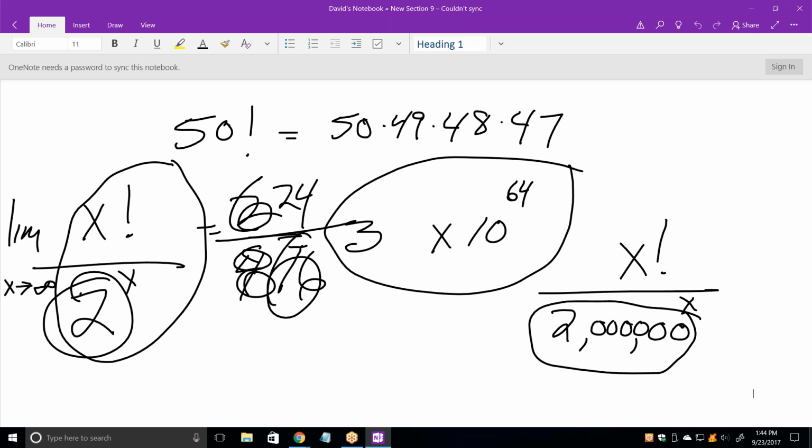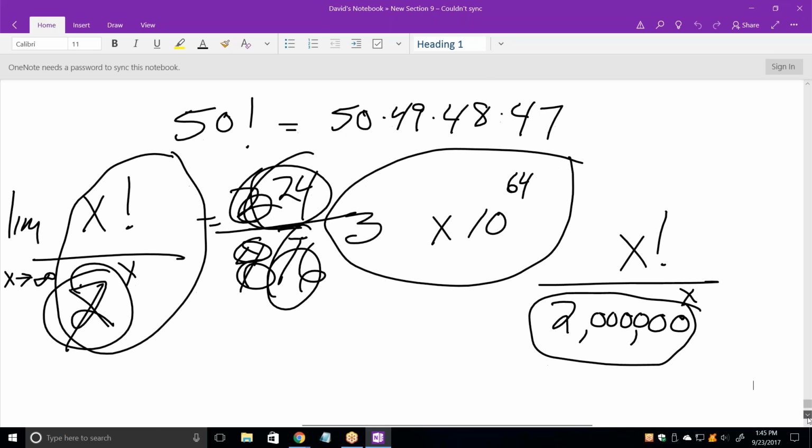All of a sudden, the top starts to get bigger. And it just increases its lead. So the essence is that factorial growth is greater than exponential growth, no matter what the base. If I say x to the x, that changes everything. But that's another story.